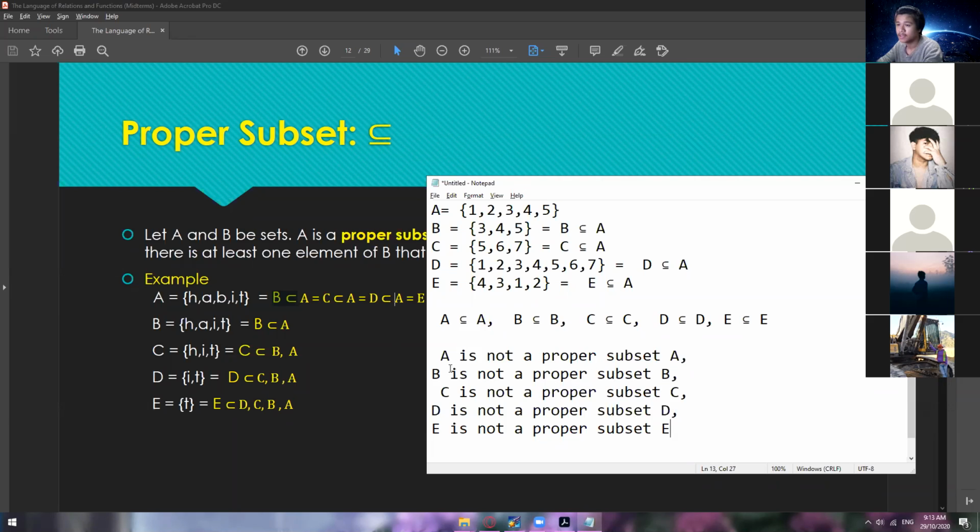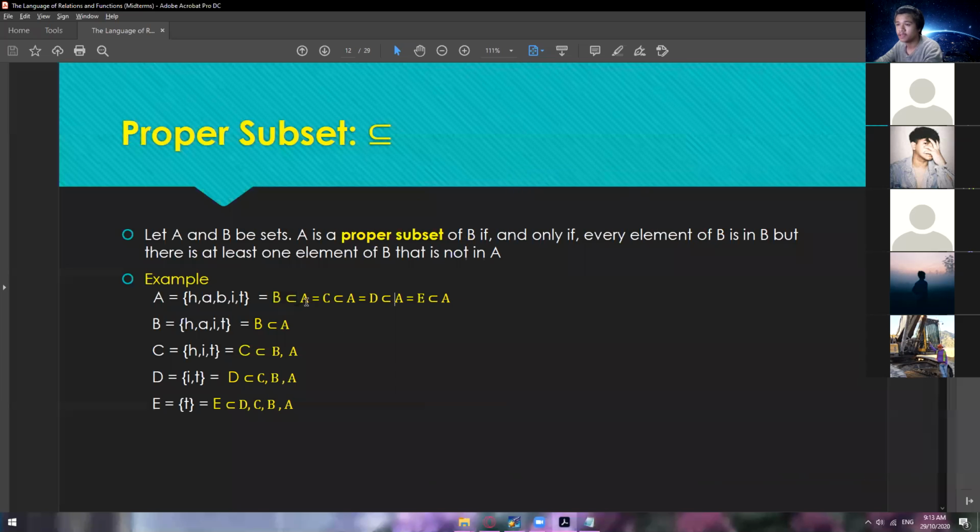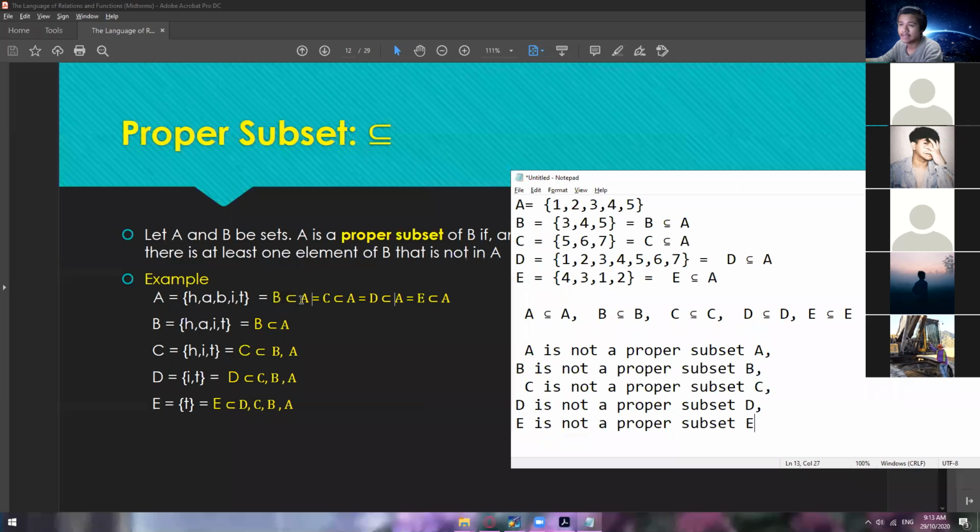Okay, like for example, we have here B as the proper subset of A. So kung titignan nyo to, we can find all the elements of set B on set A, but there is at least one element on set A, which is letter B, that cannot be found on set B. Okay?